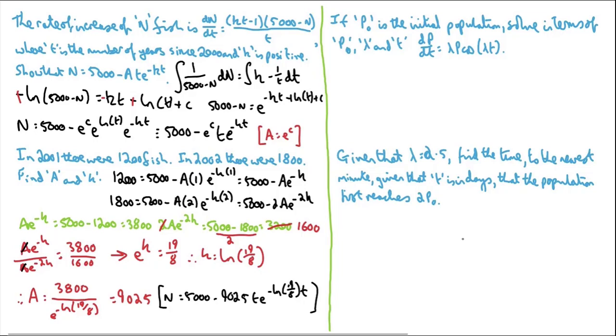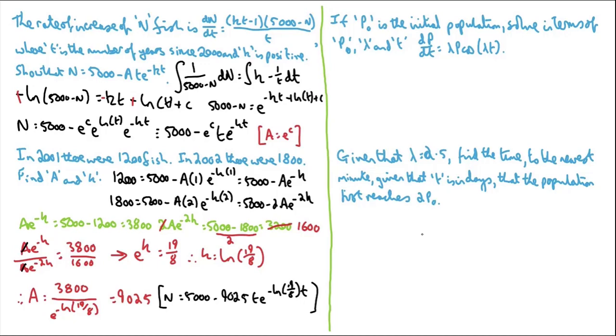But when you get down here, think, okay, how are you going to solve for t? How are you going to turn a t that's in days into t to the nearest minute? And what does it mean for the population to now be twice its initial? So again, considering all of this, just pause the video, have a go for yourself, play around with the equations, and then press play again when you're ready to compare.